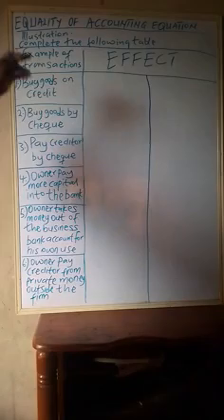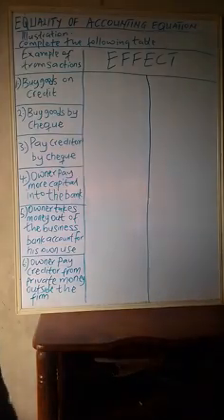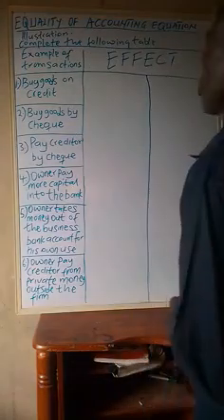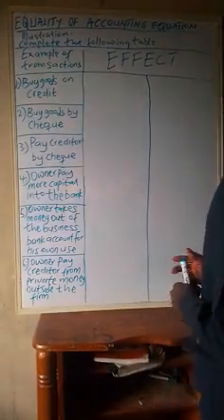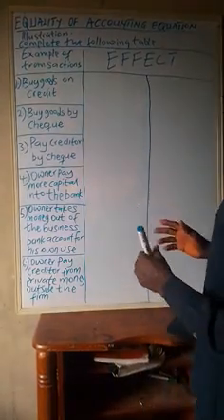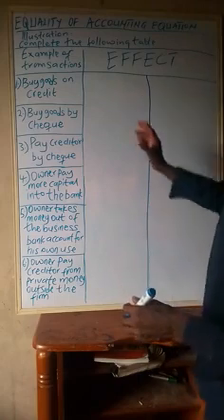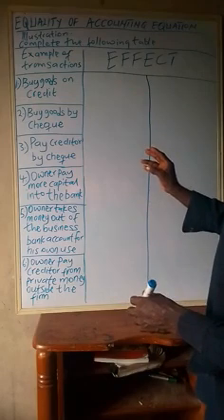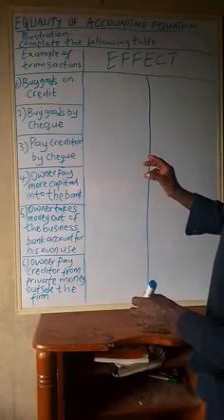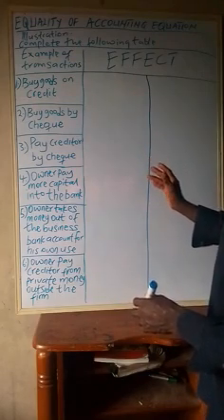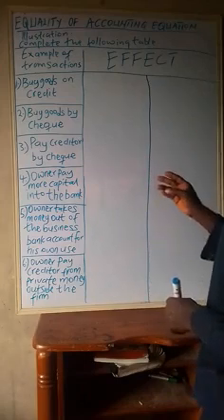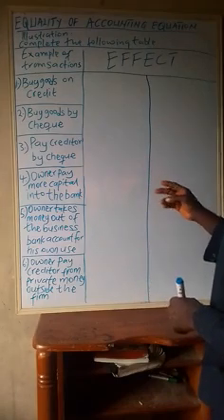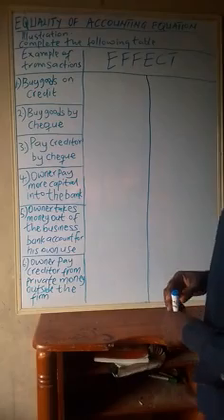Buy goods on credit. We are talking about equality of accounting equation. You find these in the balance sheet. It's either assets or capital or liabilities.